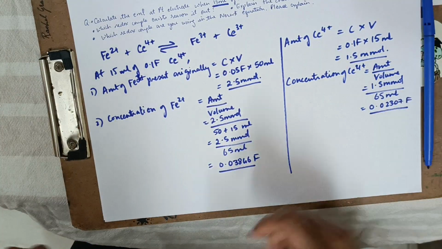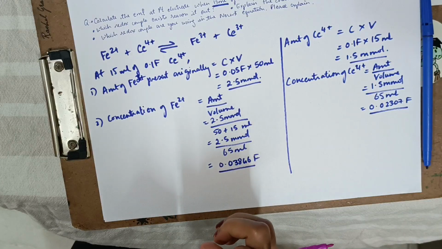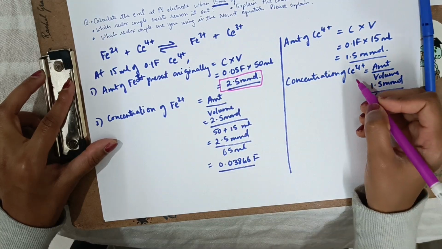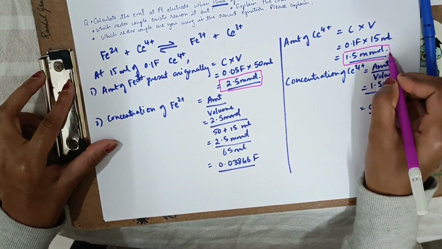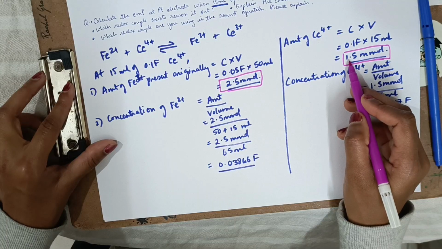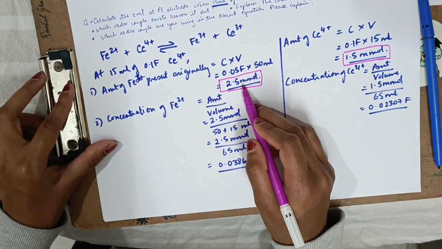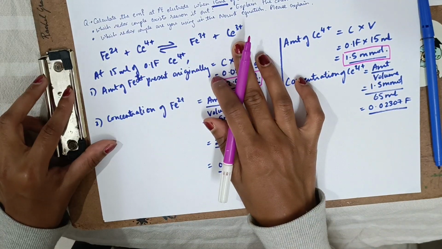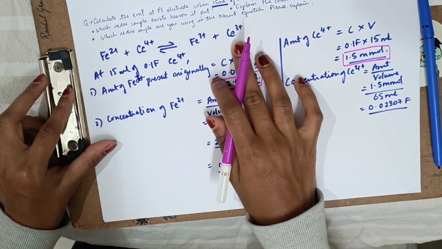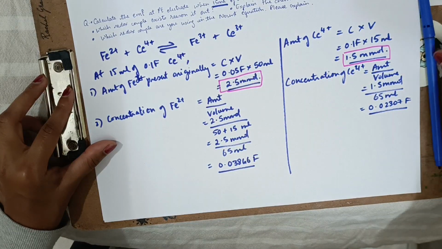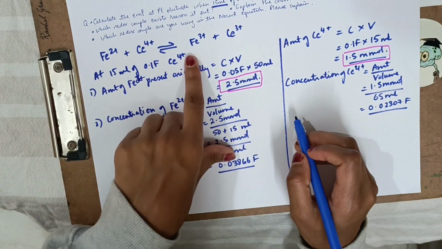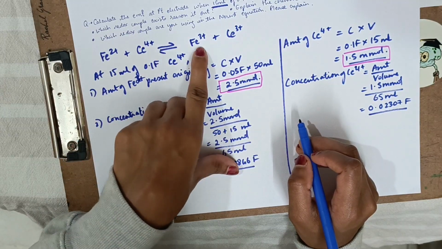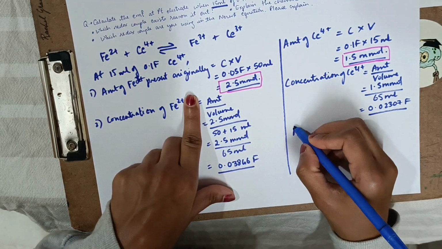Another point to note is the amount of cerium and Fe2+ present. The Fe2+ is 2.5 millimole and the amount of cerium4+ is 1.5 millimole. Now we have to notice that 1.5 millimole is less than 2.5 millimole, which means the amount of cerium present is less in this reaction, and therefore cerium will be the limiting reactant, which will be useful in the further calculation. We know from this reaction that the amount of cerium4+ used is equal to the amount of Fe3+ that is formed.